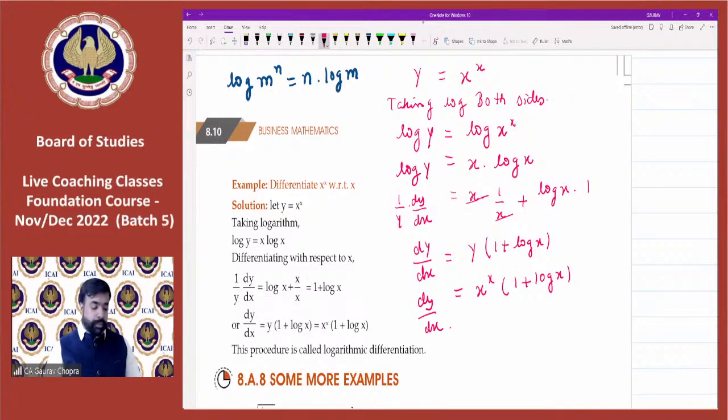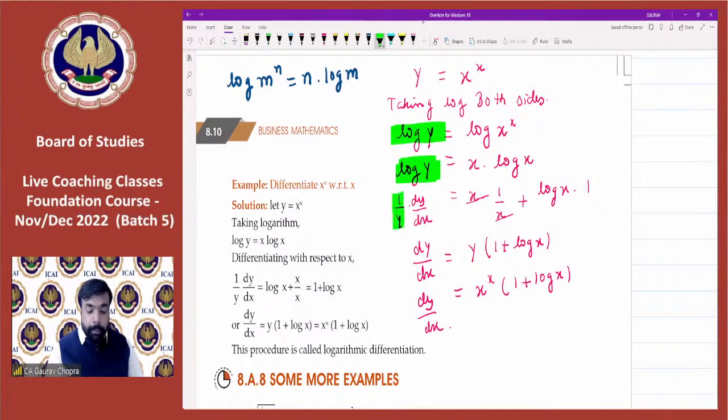Okay, Lisa says explain the left hand side again. See, in the left hand side, we have log y, so we have to differentiate this log y. We have learned the formula for log: if log of x is there, the derivative is 1 by x. Similarly for log y, it will become 1 upon y. That is why we have written 1 upon y.